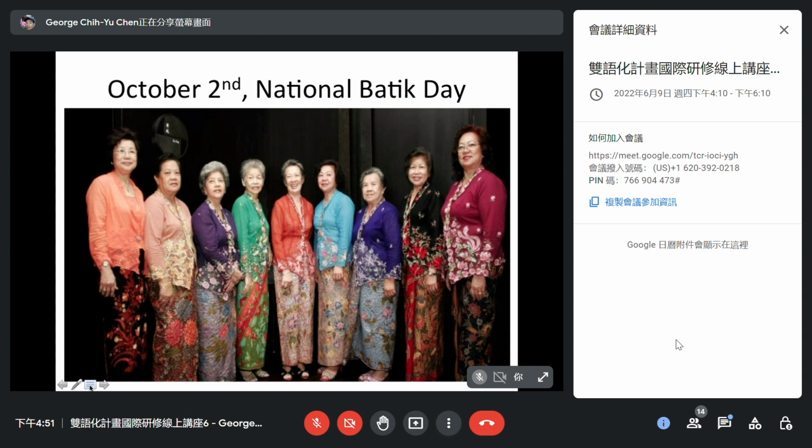So therefore, on October 2nd, this day is set up as a National Batik Day. And many Indonesians wear batik in honor of this ancient tradition. And they are very proud of this fabric. So next time when you go in Indonesia on October 2nd, don't be surprised to see people dressed in their batik outfits.